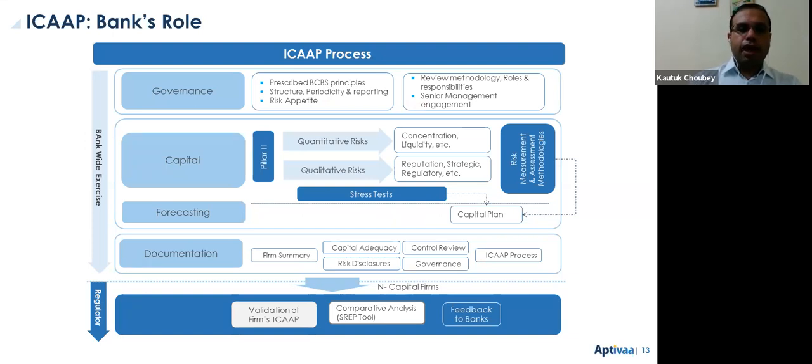Then comes the capital estimation or the capital measurement process, in which qualitative and quantitative risks are measured and then capitalized, in the manner of how much capital would be adequate to cover that portion of risk. Now here certain risks are completely quantifiable in nature, whereas the other risks are not completely quantifiable, and they have to be measured in a more subjective manner.